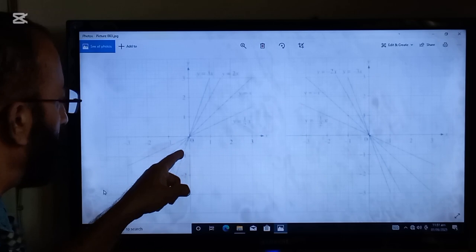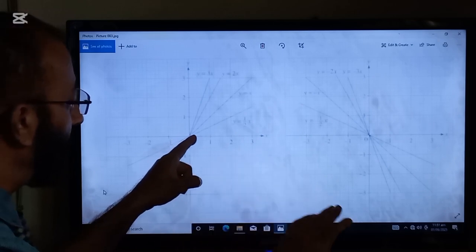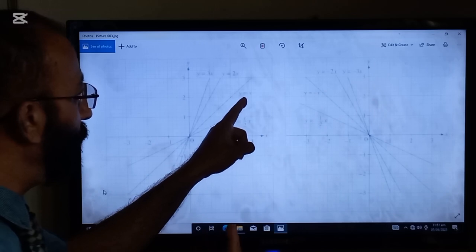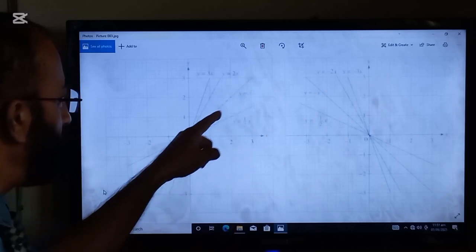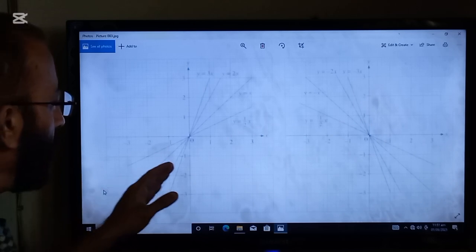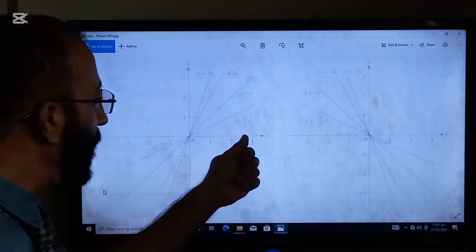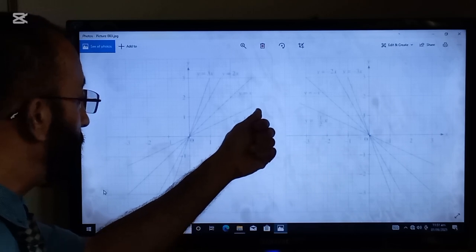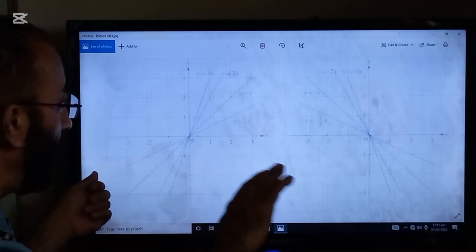Less steepness is there. Further less, if y = x, so the value of m will be 1 now. Steepness becomes even less. And if the graph is y = 1/2 x, the value of m is now 1/2. The steepness is even becoming lesser.